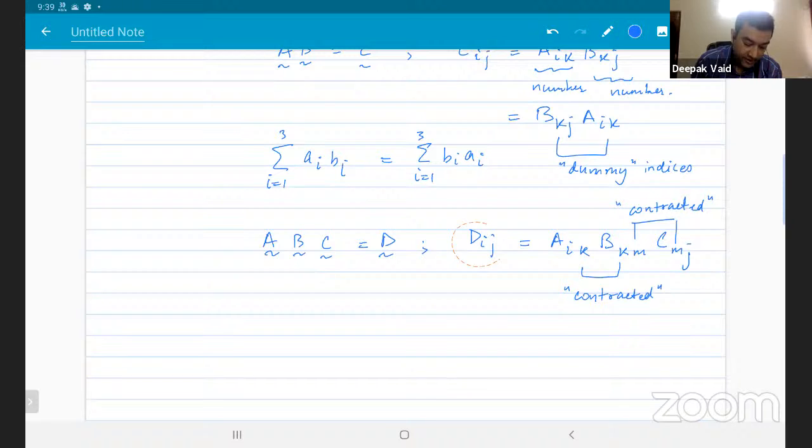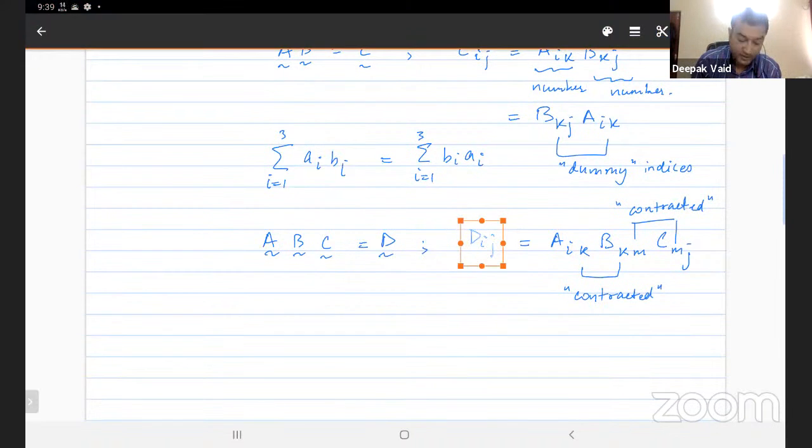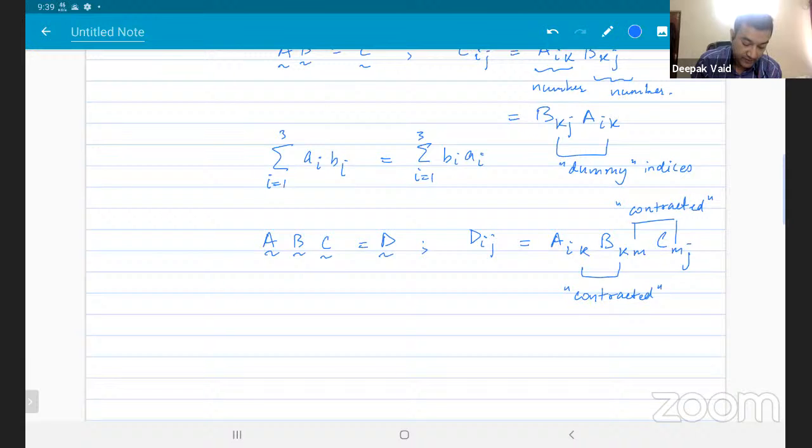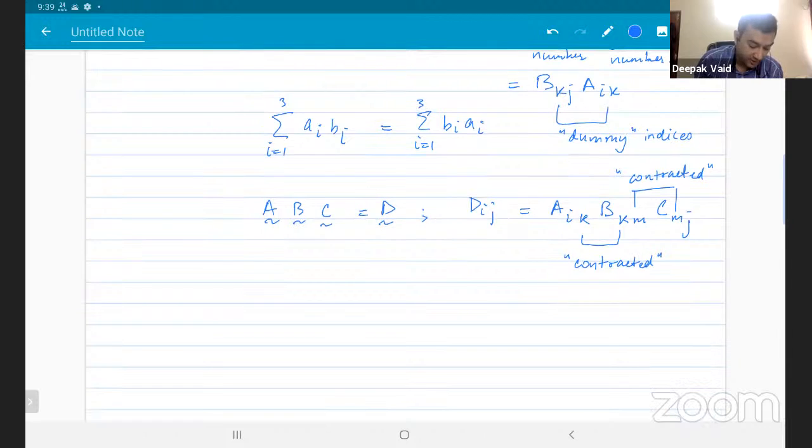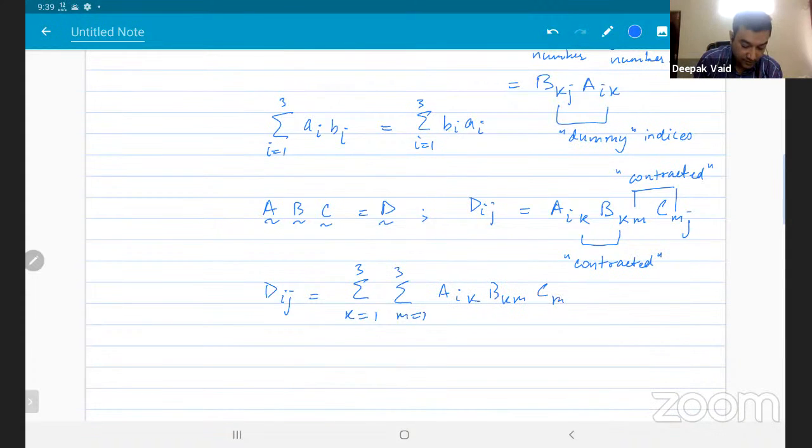So Dij is this matrix. So it's this element of this matrix. And this is how I would write the product, right? If you want to write it out using the full summation expression, you would write it like this: the sum of Aik Bkm Cmj.